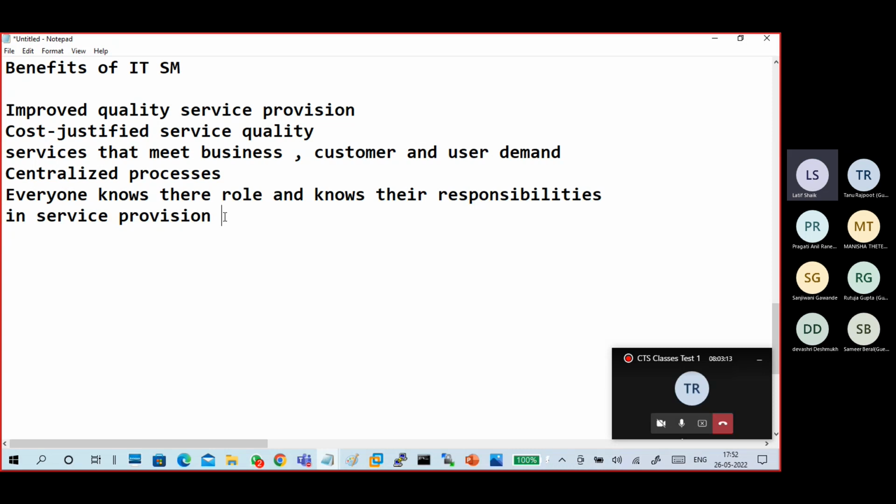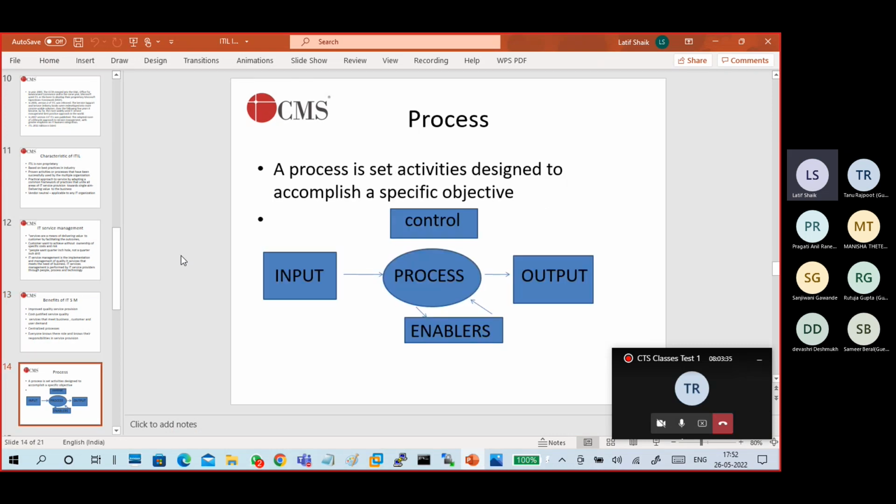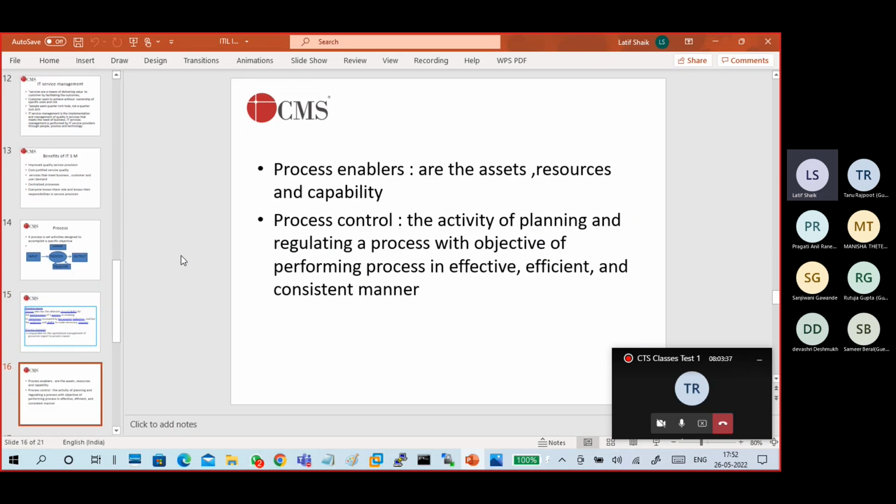You have to understand your duty and act accordingly. In organizations, people simply say, I'm doing this, I'm doing that, this is not my responsibility. That is not acceptable. That is called KRA, key responsibility area. When you join an organization, they will tell you your KRA.